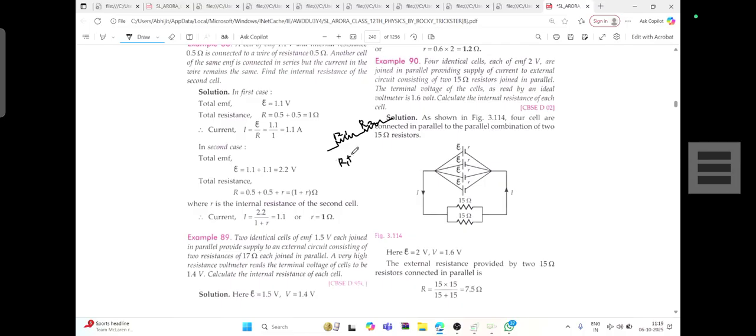R1 plus R2, but that is a maximum resistance.